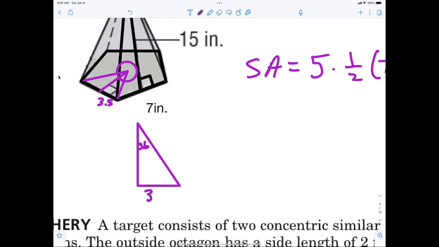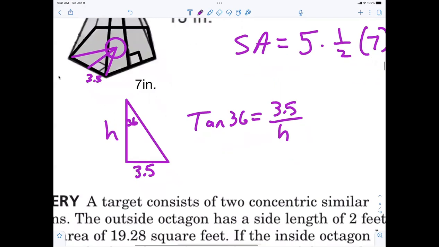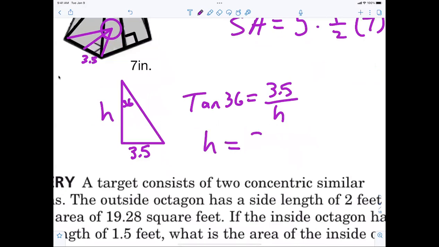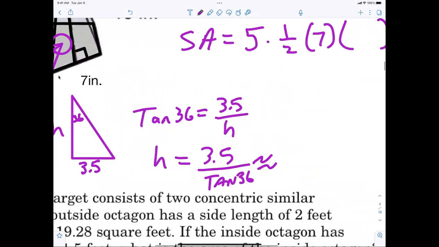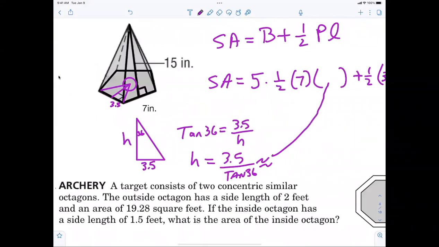This is 3.5, and we're calculating the height. So how am I going to do that? What is it? Tangent of 36 is equal to 3.5 over h. So now we just look at that and say h is 3.5 divided by the tangent of 36. And that answer goes right here.